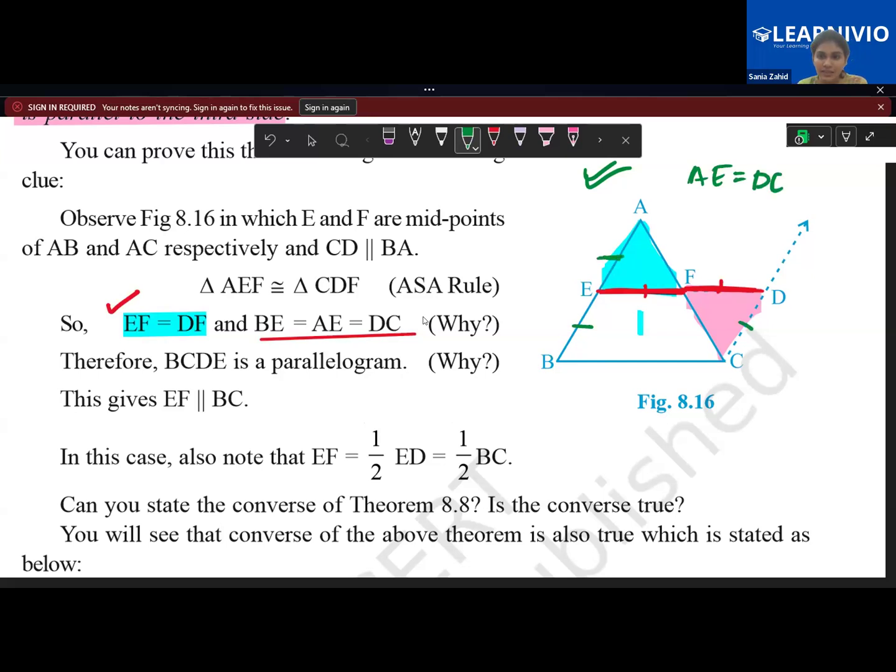I can say this line is equal to this line by CPCT. The green lines are equal, children. Can I say this or not? Like the red lines are equal, similarly green sides are equal by CPCT. But you see that AE was already equal to EB. Why? Because E was the midpoint. So actually, these three lines become equal.